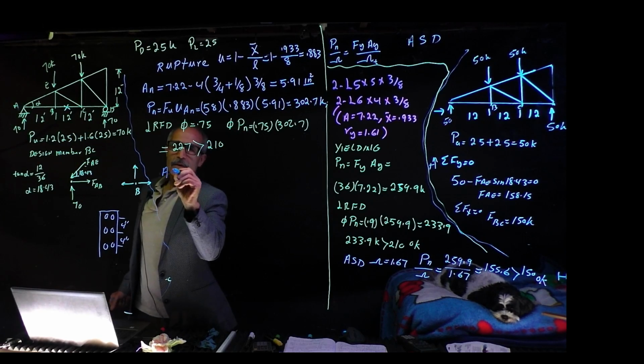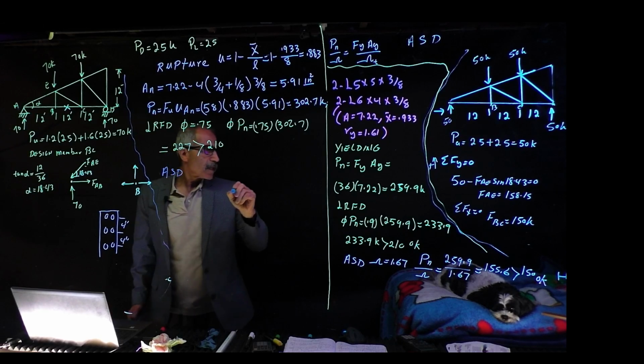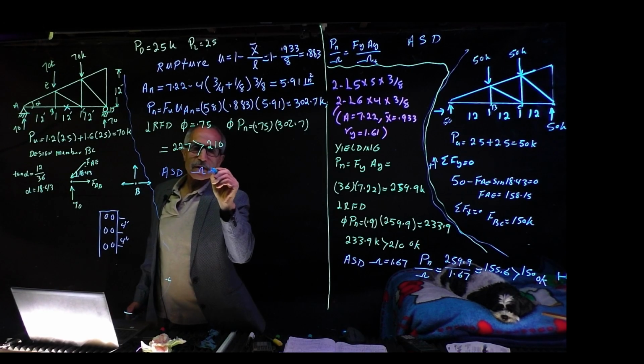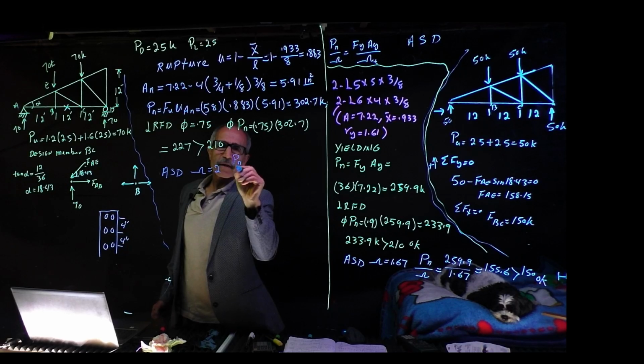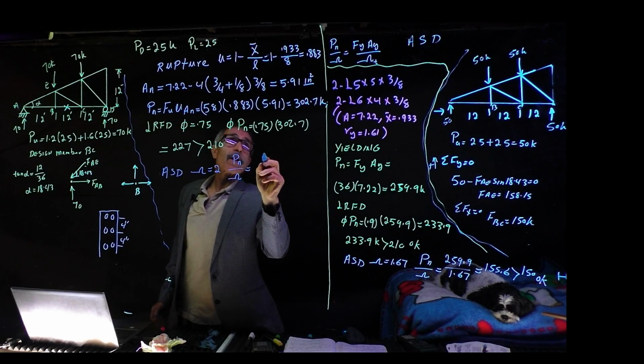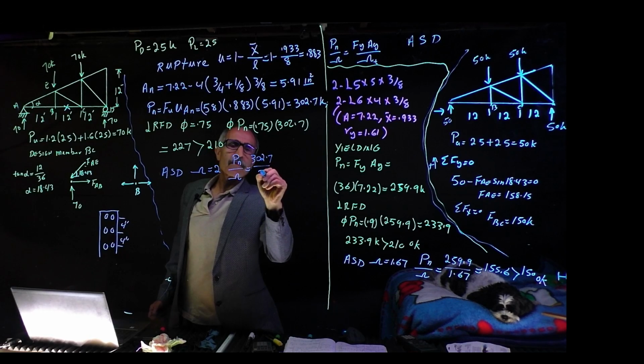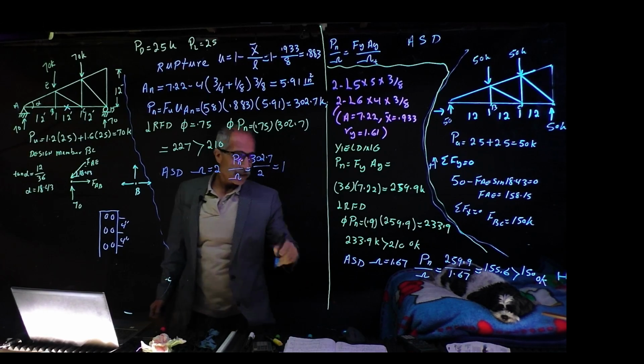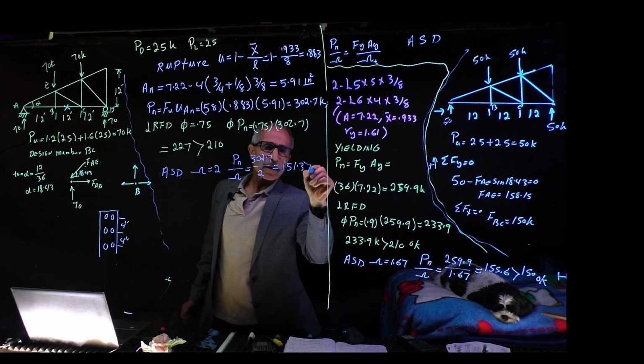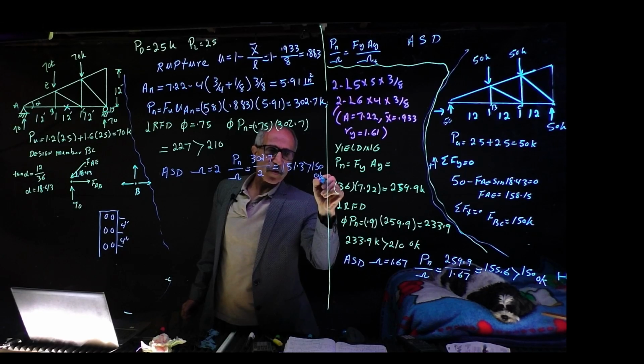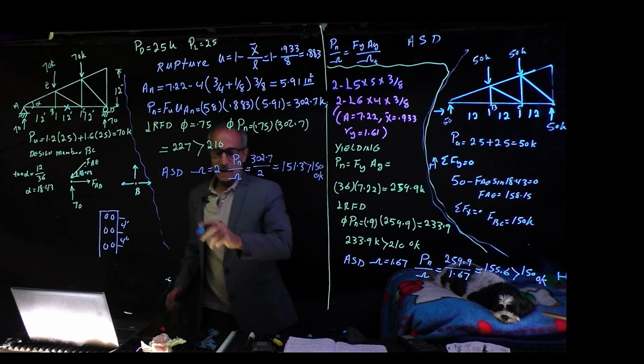And in allowable stress design, we have our omega is equal to 2, and Pn divided by omega is equal 302.7 divided by 2 is equal 151.3, which is bigger than 150, and that's also okay in allowable stress design.